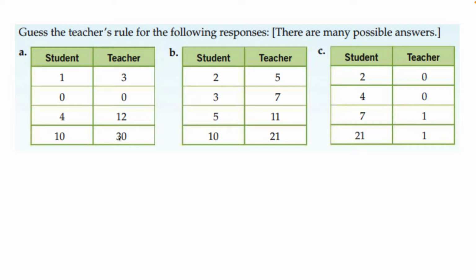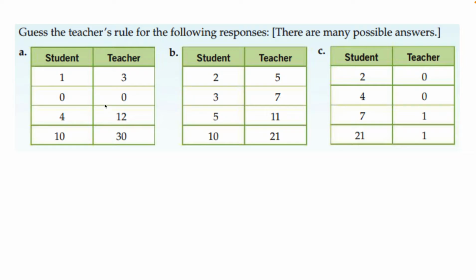Of course, there are many possible answers, and I'm giving you just a few examples here, okay? So examine that. For the first one, the teacher answered 1 becomes 3 with this certain rule. 0 becomes 0, 4 becomes 12, 10 becomes 30. What is the rule? What do you notice?